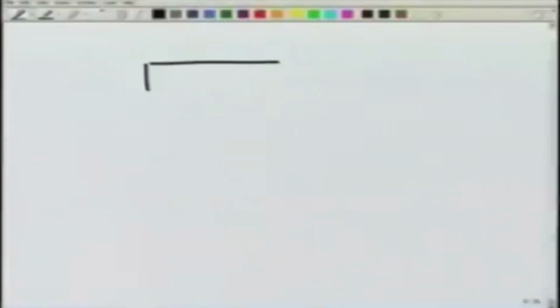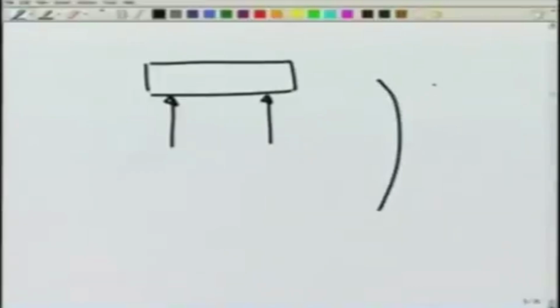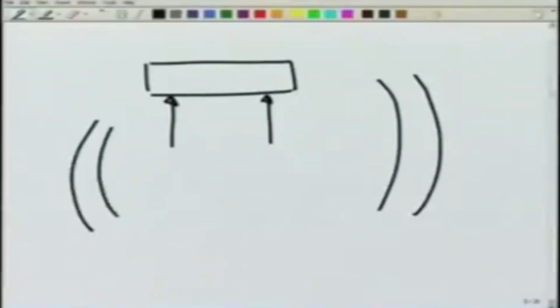Let us first take the example of a plane roller where the normal reaction is going to be like this, perpendicular to the surface of the cylinder, and therefore whether the track is going this way or this way, there cannot be any component in this direction.